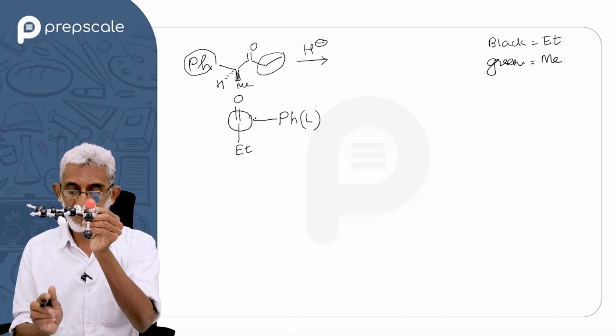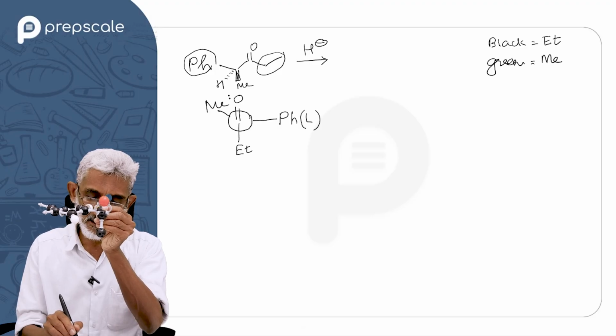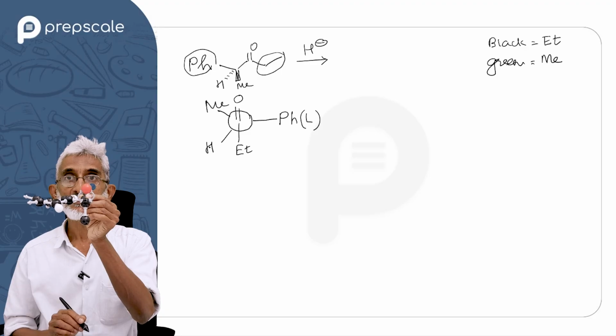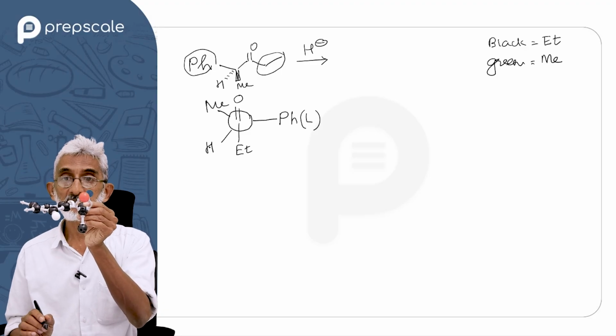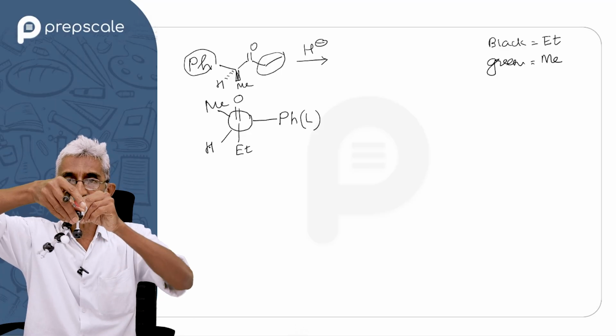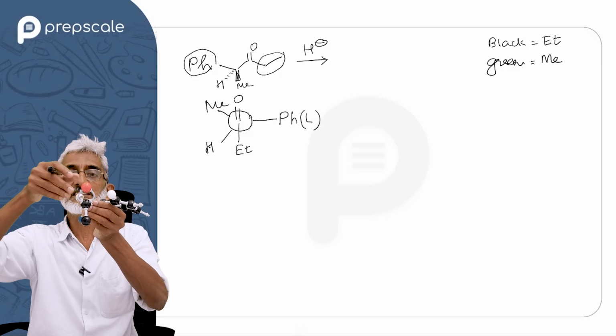So this is one conformation. Now if I draw like this, I will have my methyl group here and H here. So this is one way you can put it. The second one is this, you rotate this in such a way that it is just on the opposite side. This conformation is also possible.